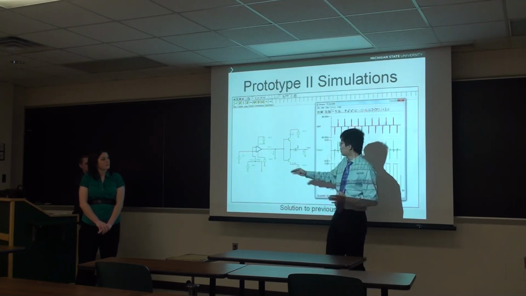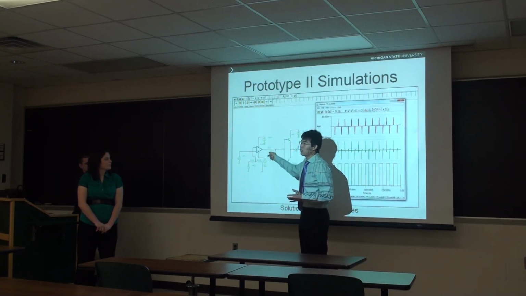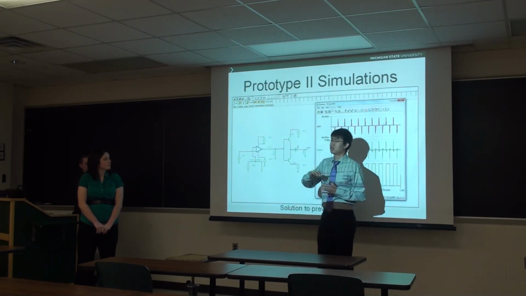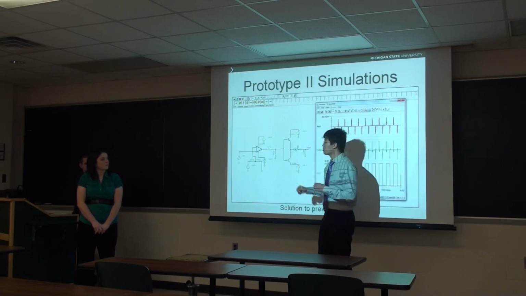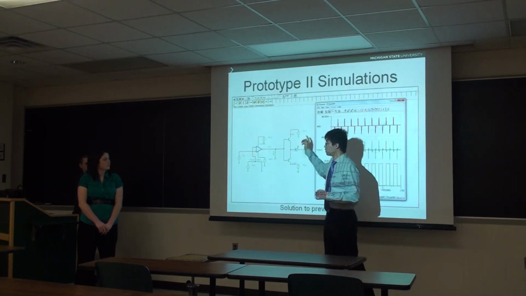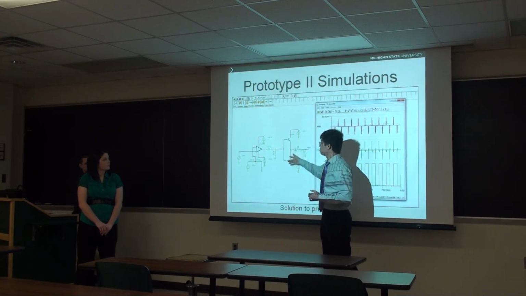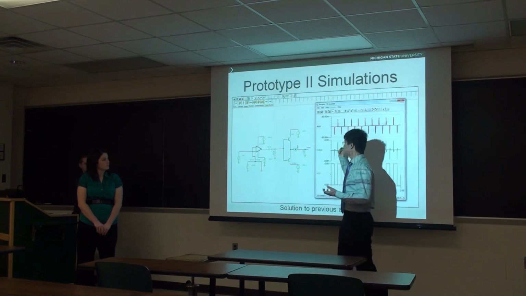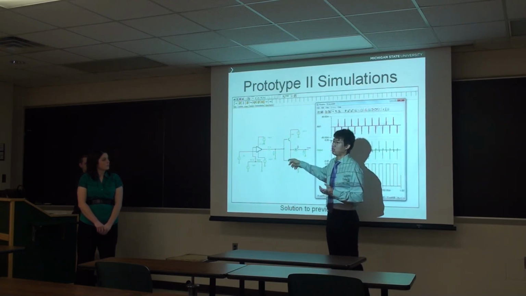And this is a differentiator, so it deals with the rising edge and the falling edge, so I can get a pulse. When I get the pulse, the push-pull circuit is switched. So I give the pulse to the switch and it's turned on.